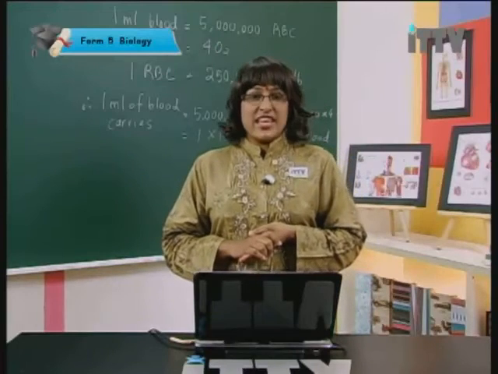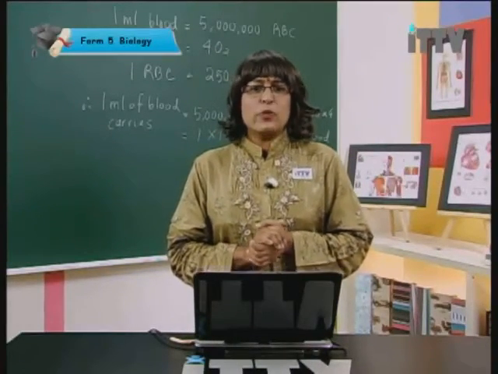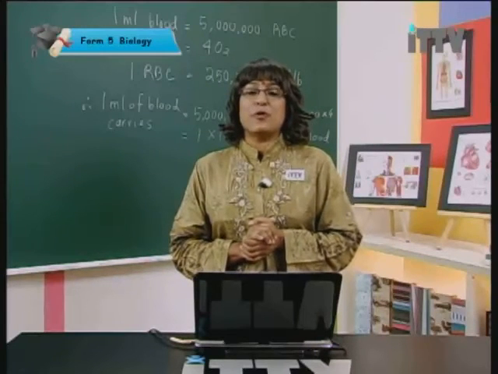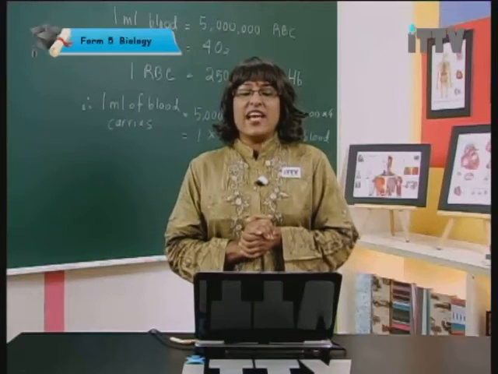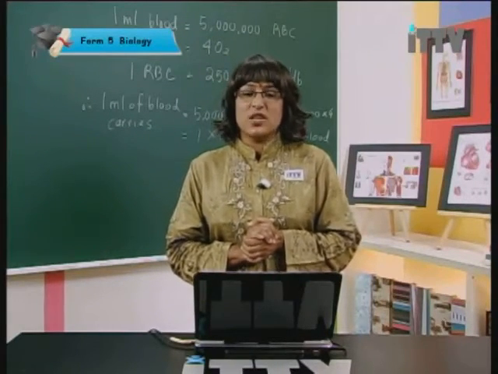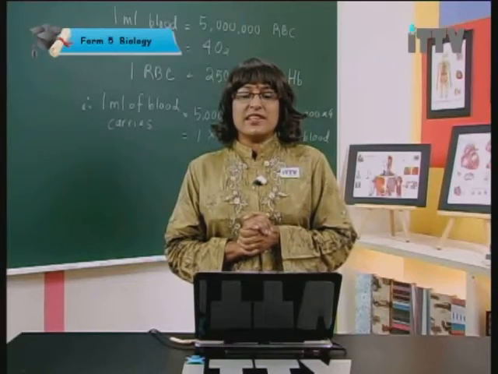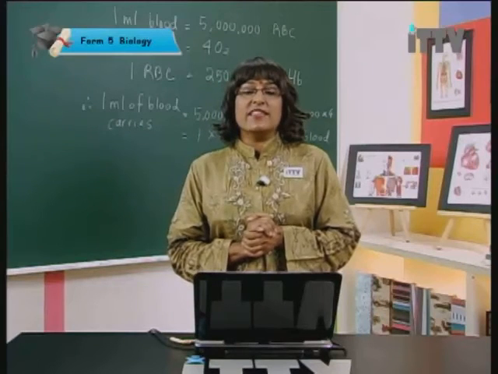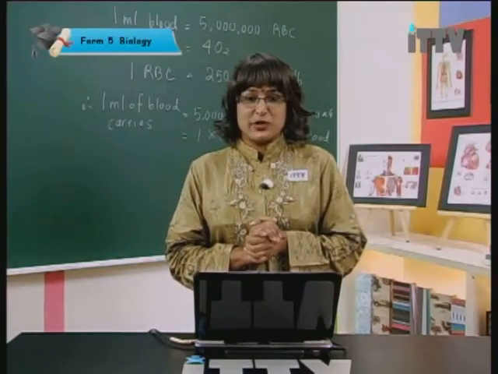Now, today we have learned the composition of human blood. We have learned that the human blood comprises the cellular part and the fluid component. The cellular part comprises the red blood cells, white blood cells, and platelets. The red blood cells play an important role in oxygen transportation and carbon dioxide transportation.